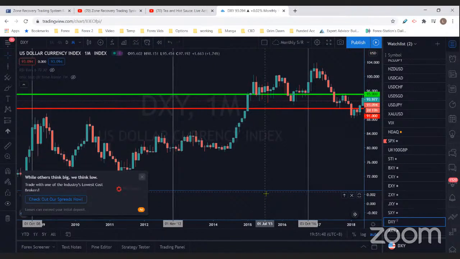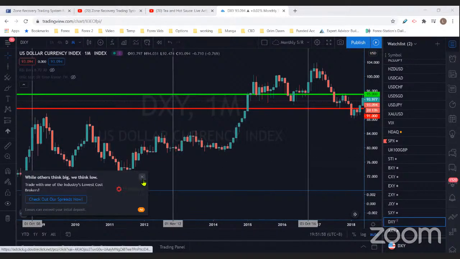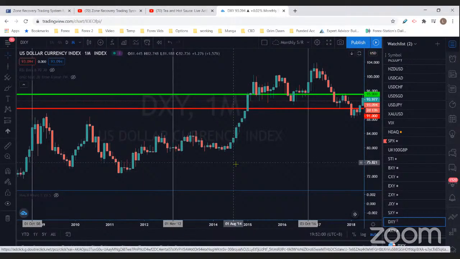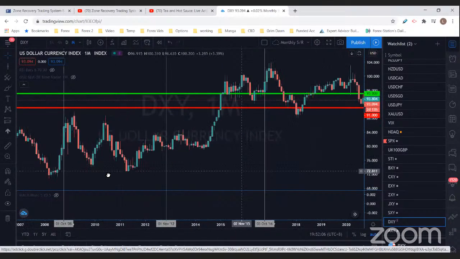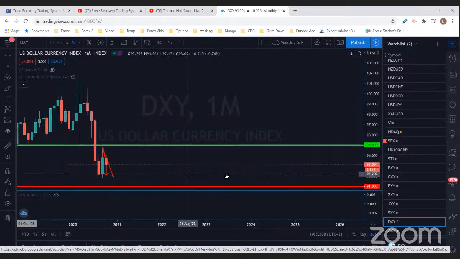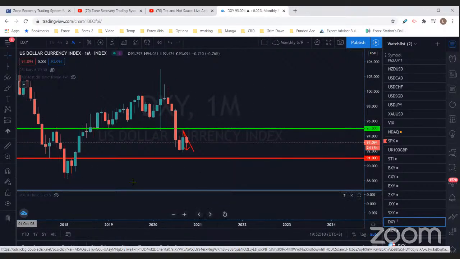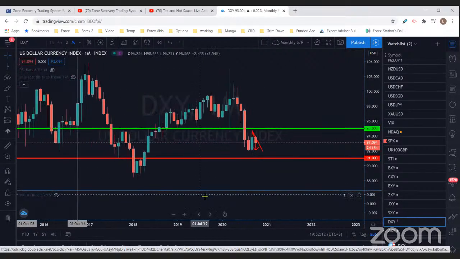It's incredible that you're showing me this right now, because I saw exactly this on the weekend. We're looking at the monthly chart, which is the perfect time frame to do the analysis that you just did, right?